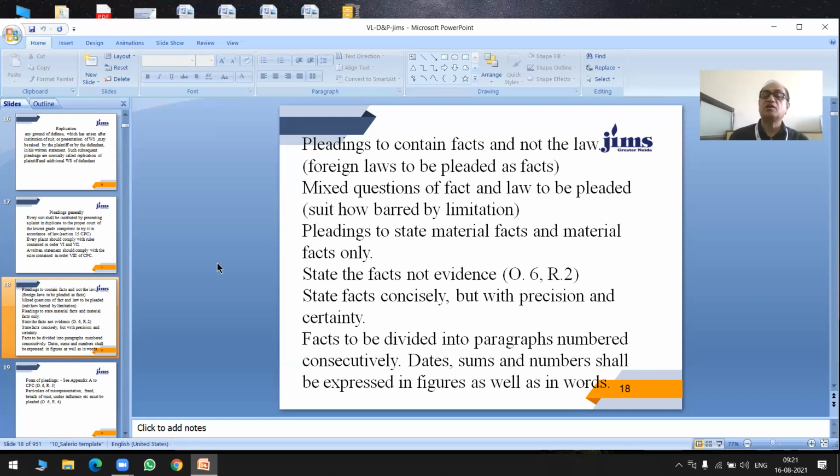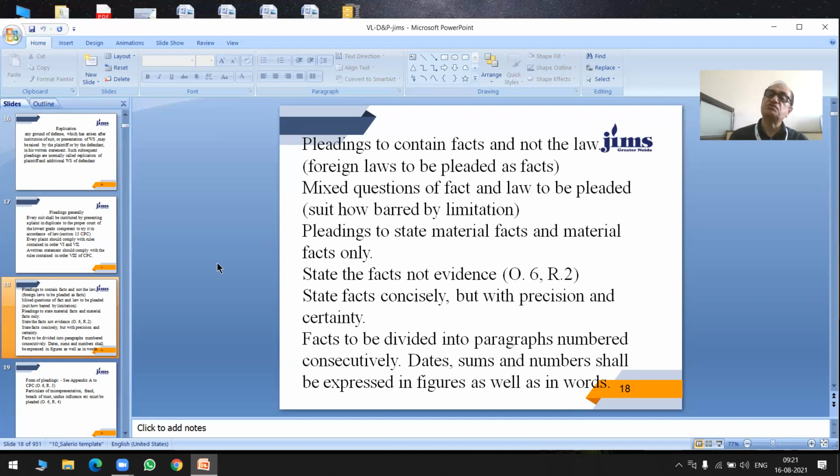And all these facts are to be divided into paragraphs to be numbered consecutively. And while drafting, the dates, sums, and numbers shall be expressed in figures as well as in words. Like a sum of rupees 1 crore. This has to be expressed in figures as well as in words.